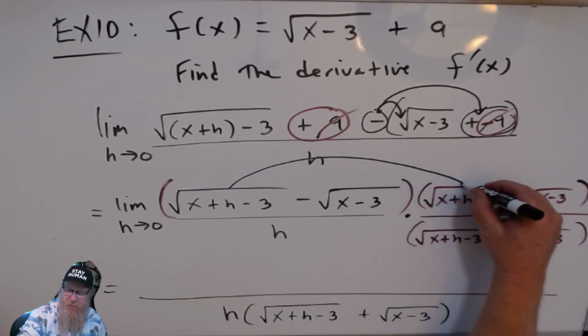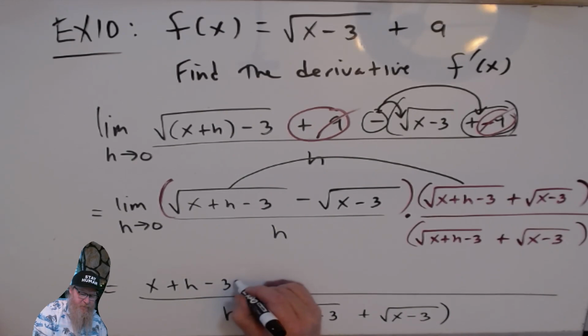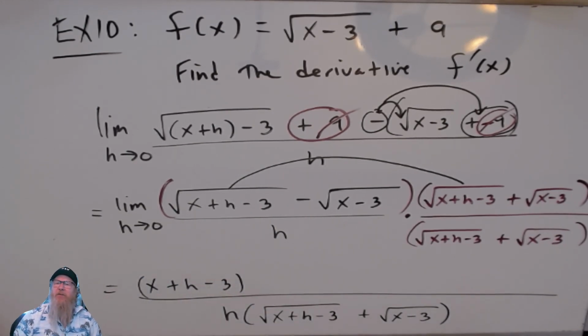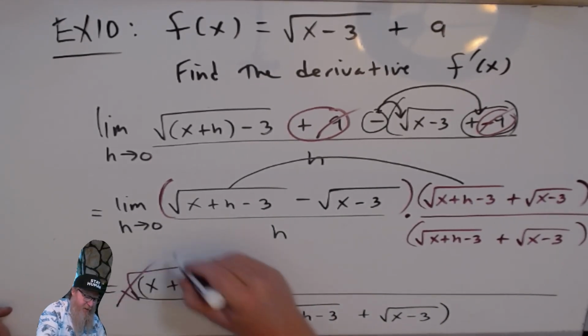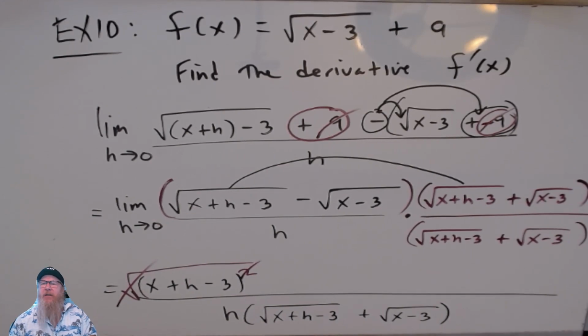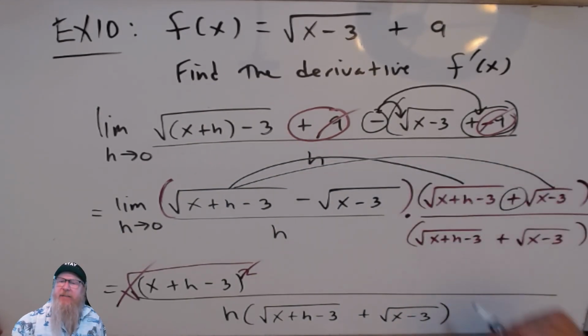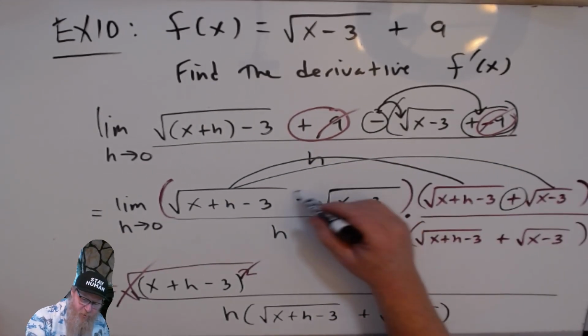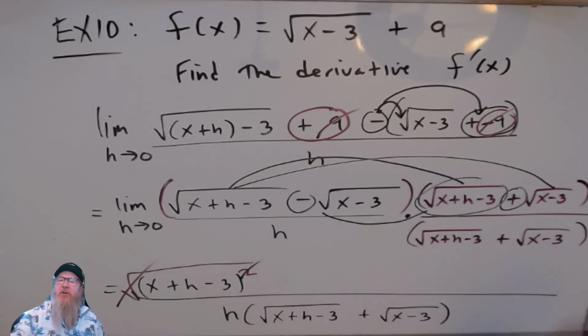So you're going to get the square root times the square root. Those are going to cancel. You could put it in your notes, square root squared, and then cross them off. Then you're going to have the square root times a positive, and then the square root times a negative, and those are also going to cancel.